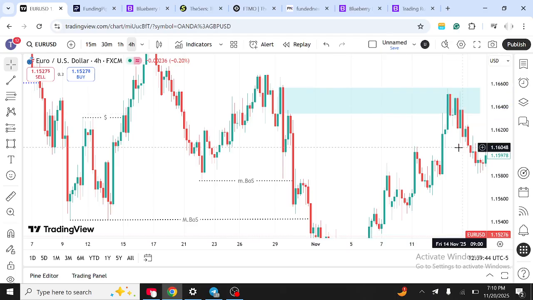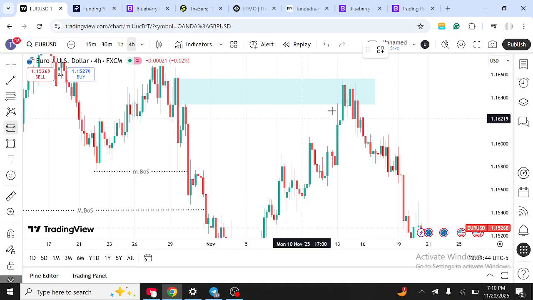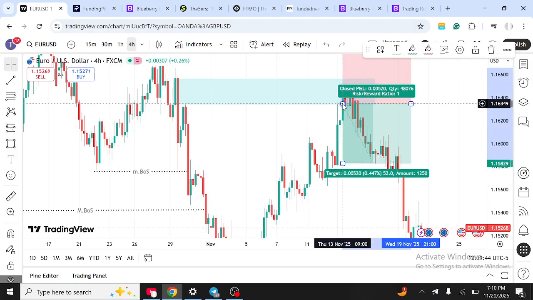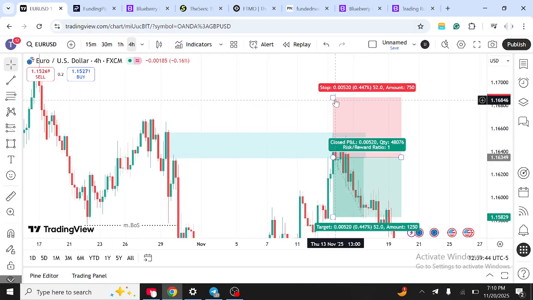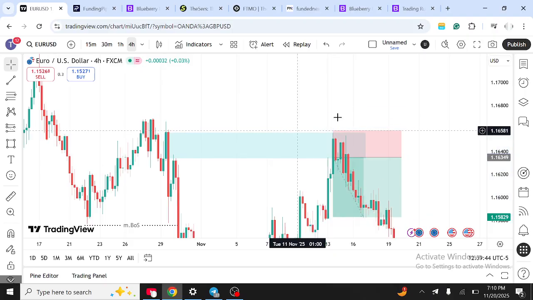You understand? Okay, so you take your entry from here. All right, you can also use my fractal confirmation. And if you want to take your entry directly, you can simply take it immediately it gets to this zone. Of course, your stop loss will be above here, not above the wick, but above the body.